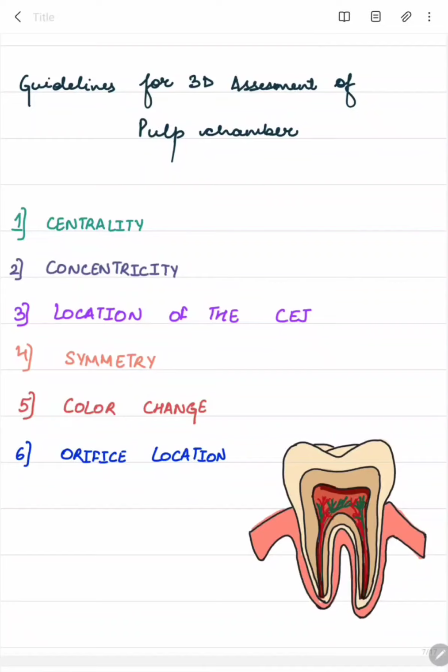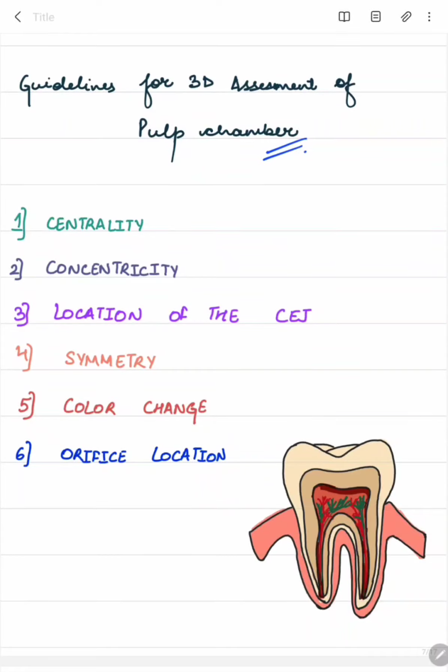Now why do we follow all the guidelines, or why do we evaluate the tooth anatomy? The main purpose is to open or unroof the pulp chamber. So there are guidelines for 3D assessment of these pulp chambers also. The first one is centrality. The pulp chamber is located in the center of the tooth.